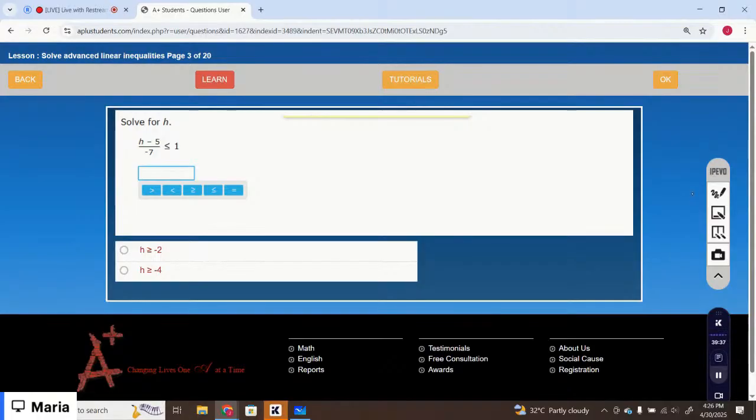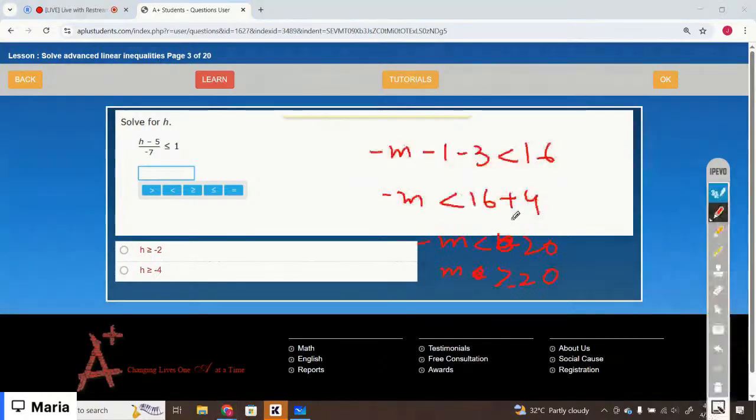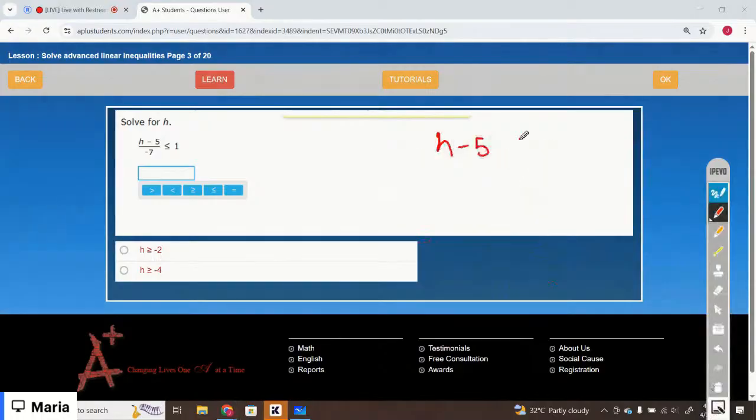H minus 5 divided by negative 7 is less than or equal to 1. That is, H minus 5 is greater than or equal to negative 7. That is, H is greater than or equal to negative 7 plus 5.